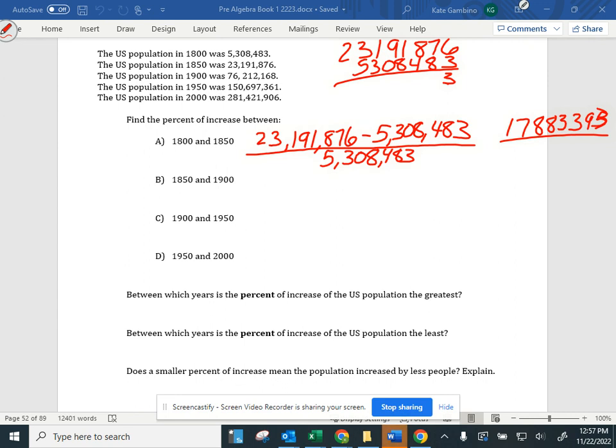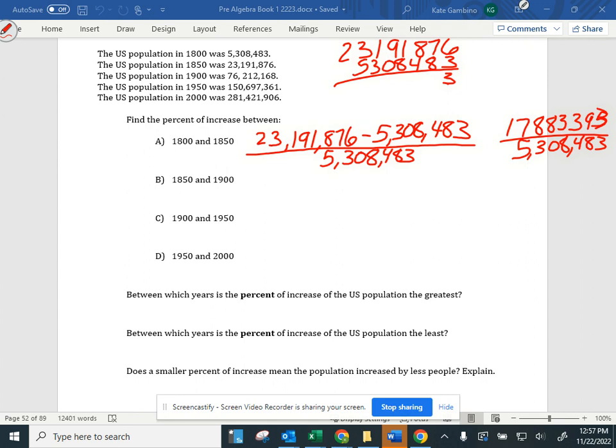That's why we need to write so we can read it. So then we divide that by the original. So we would have 17,883,393 divided by 5,308,483 equals... Oh my heart.